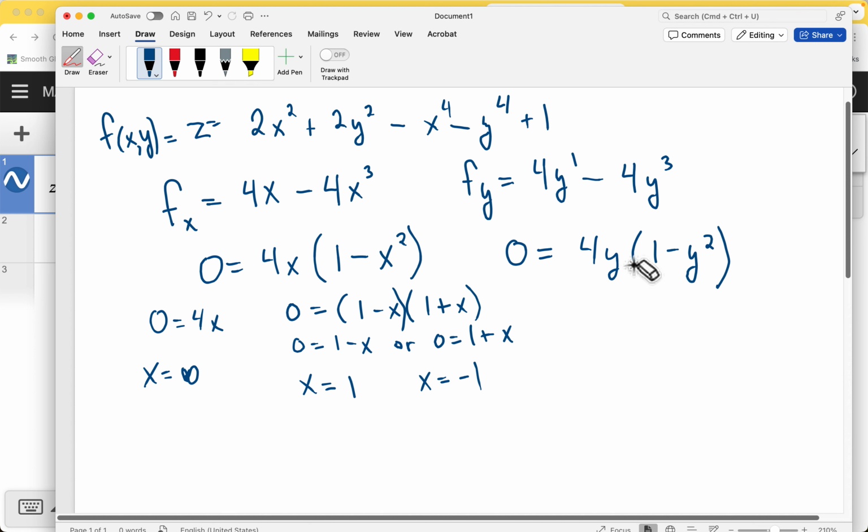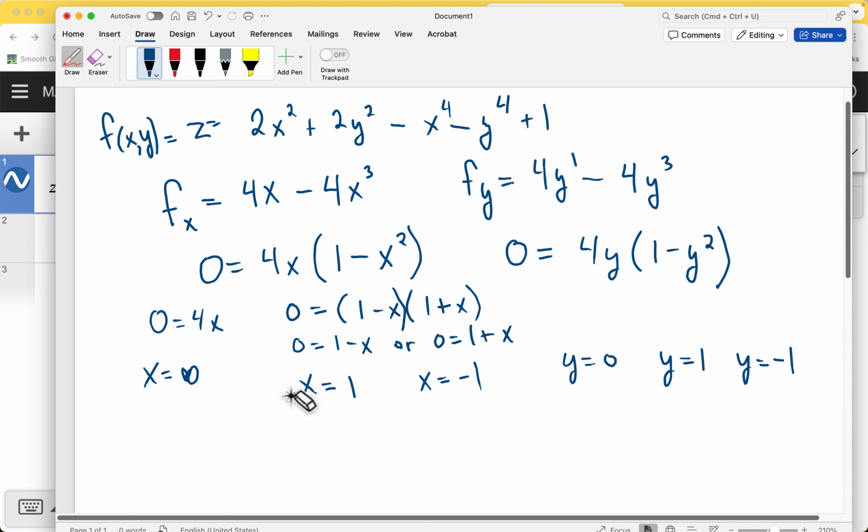We will get those same type of answers with y. So all of these, I won't go through the steps. You would go through the same steps. They would look exactly the same, except instead of an x, you'd have a y. So we also get y equals 0, y equals 1, and y equals -1.